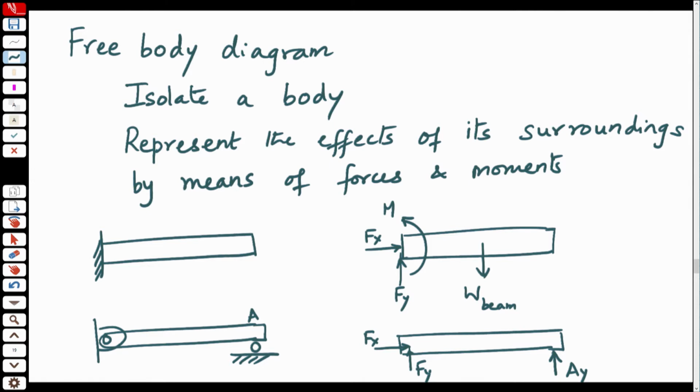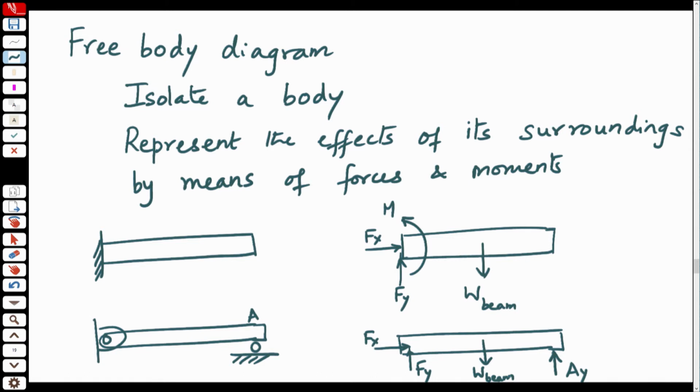Okay. So, this is how we draw free body diagrams, right. We isolate, and in this case again the weight of the beam is included. We represent all the forces and moments, the interaction of the beam with its surroundings. That is what we do in free body diagrams.